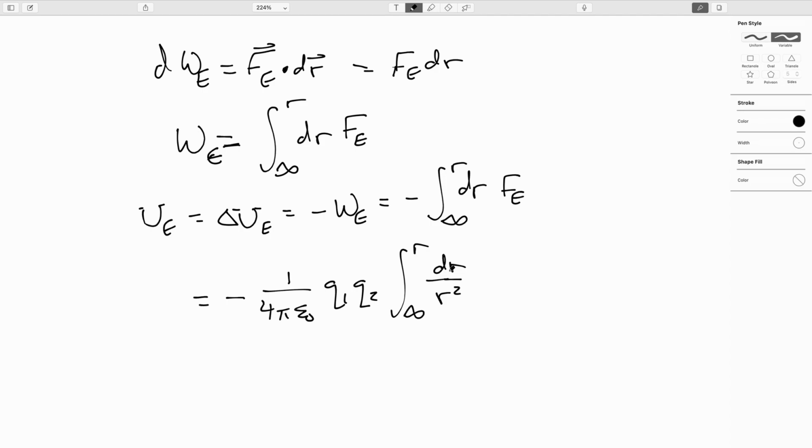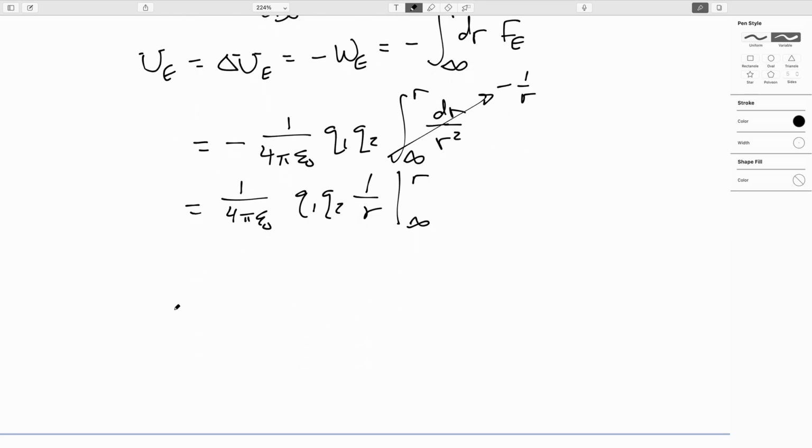Well, this integral is going to evaluate to be minus 1 over r. So we'll have minus 1 over r, and we have a minus sign in front. So this is going to give us 1 over 4 pi epsilon naught Q1, Q2 times 1 over r evaluated from infinity to r.